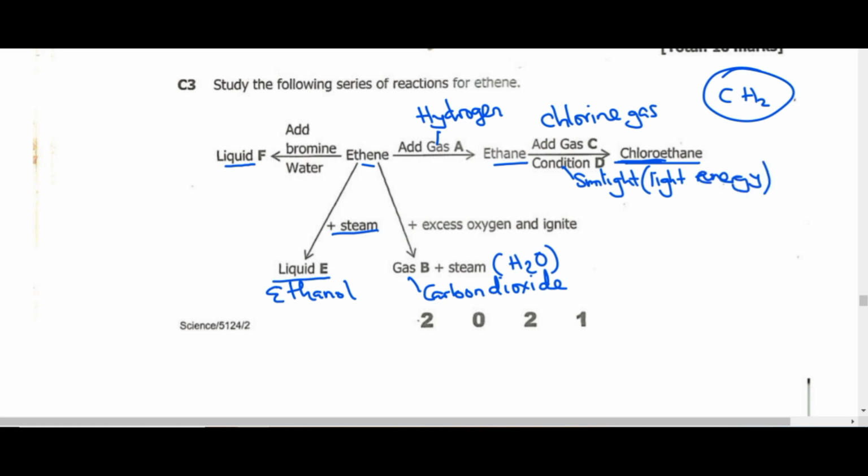Okay, so the only thing that we are remaining with is liquid F. We don't know what liquid F is, but remember bromine was added to ethene.